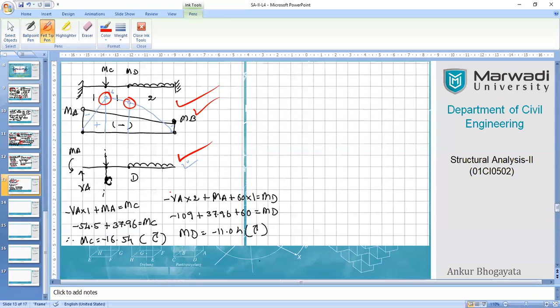So nothing can stop you in that case. And let me tell you, there will be a change in the diagram over here. There will be a point of zero shear somewhere here, somewhere in the region of C to B, right? There will be a region of zero shear also, which you can notice. Or it may get started from here also. So be careful in drawing the shear force diagram.